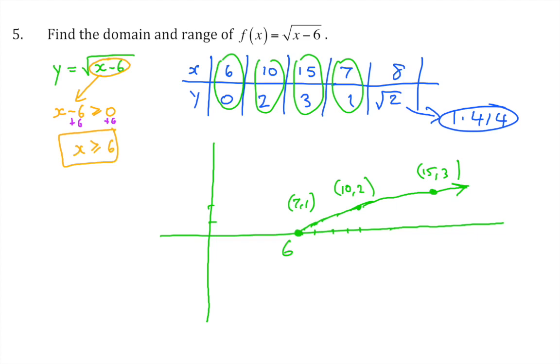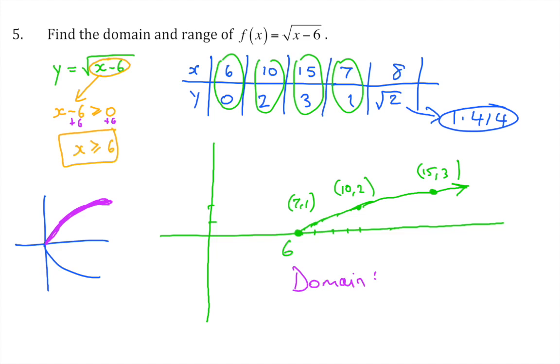Now what you probably don't recognize here is it's actually a sideways parabola, but it's only the top half of it. So imagine the sideways parabola that looks like that. It's only this part of the parabola. Now what's the domain?